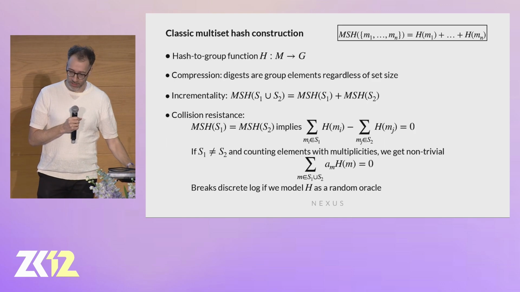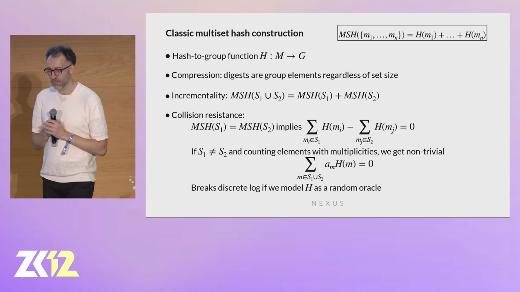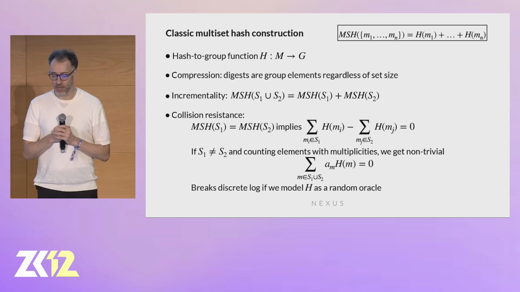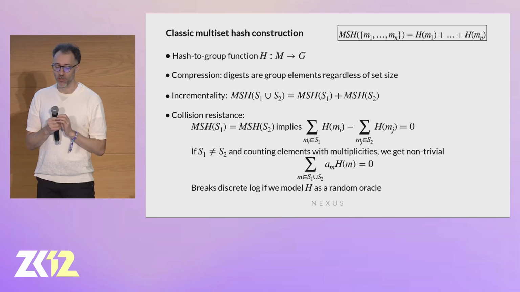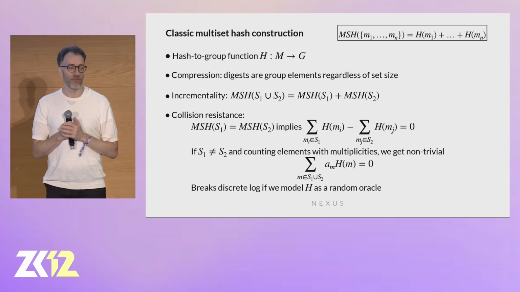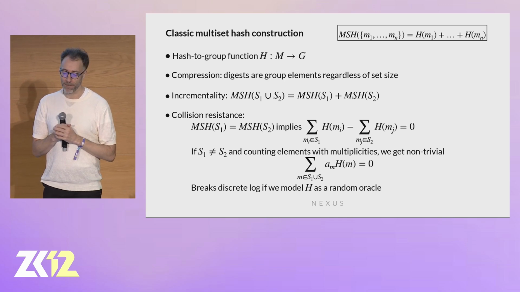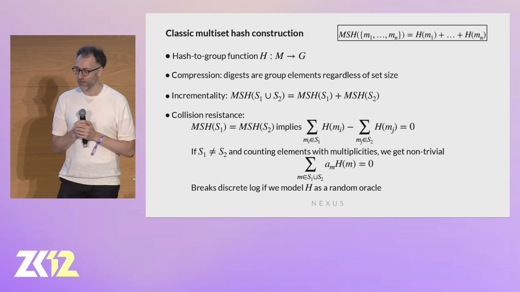So let me give you a standard construction for that. We're using here a group G. Think of this like a standard prime order group, where the discrete logarithm problem should be hard. Then we take a hash function, and you may think of that as a random oracle for now.